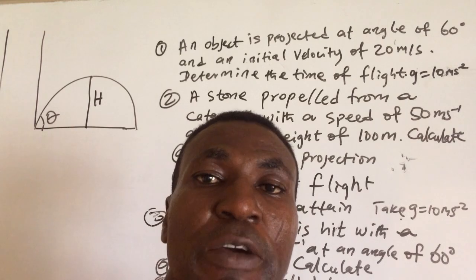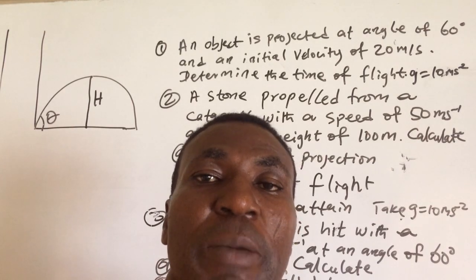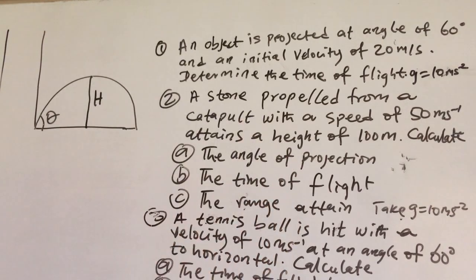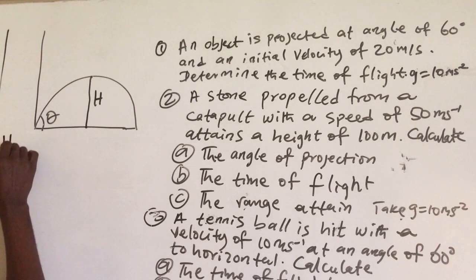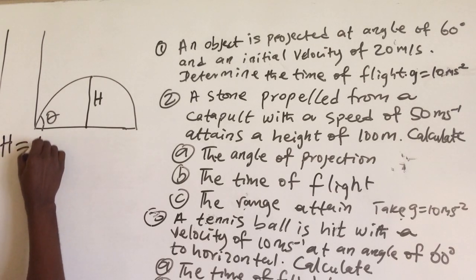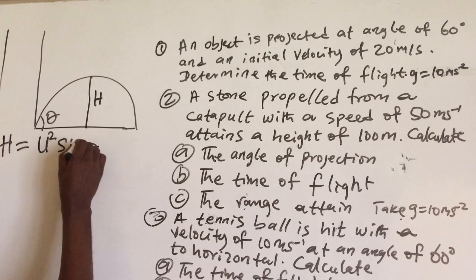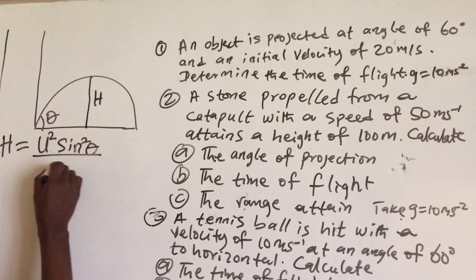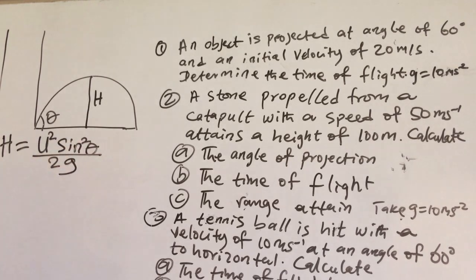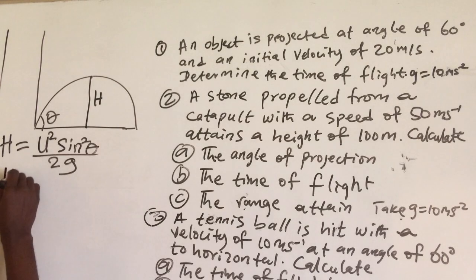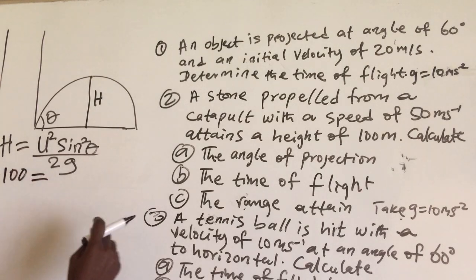Now let us bring out the formula for calculation of the maximum height, okay? So the formula to calculate maximum height is h equals u squared sine squared theta all over 2g. They have given us the height to be 100, and when I say 100 equals u, did they give us u?